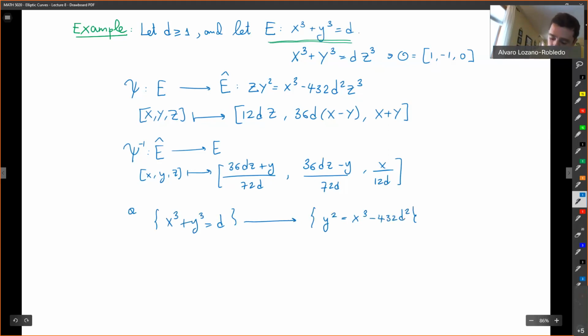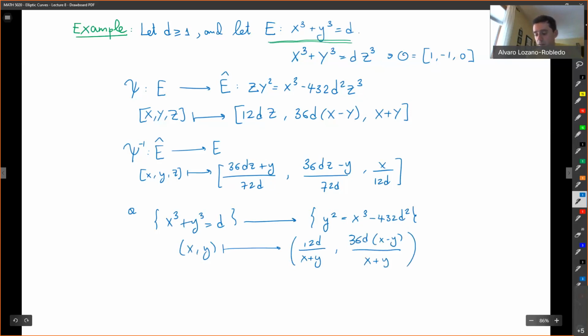So this goes from (x, y) maps to (12d/(x + y), 36d(x - y)/(x + y)), and there's an inverse. I'm not going to write it. Okay, so you have a way to go from a cubic curve that is not in Weierstrass form to Weierstrass form, and you can work on the Weierstrass form and then come back and find points on either one.